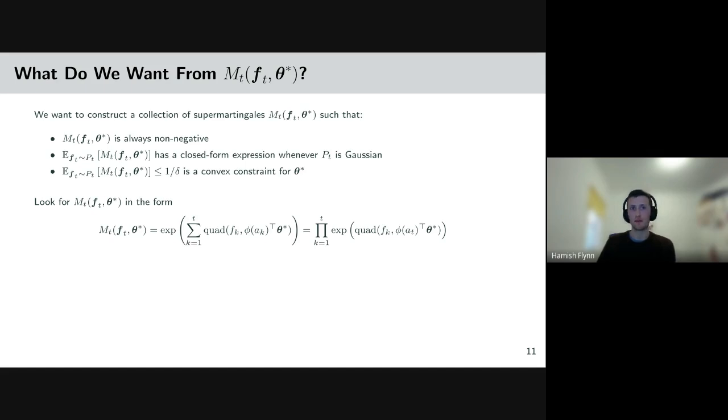Also, we'll have a convex function of theta star. Of course, we also need M_t of theta star to be a super-martingale for any sequence f_t. This is true if each term in the product satisfies the following bound on its conditional expectation. So we now need to find a quadratic function such that this bound holds.